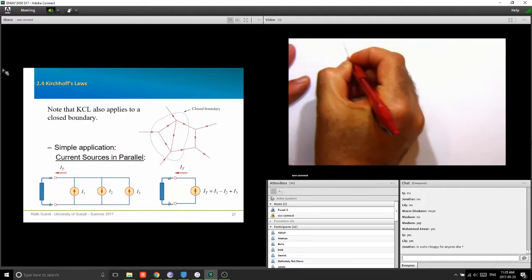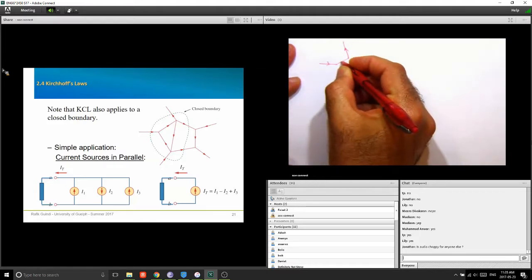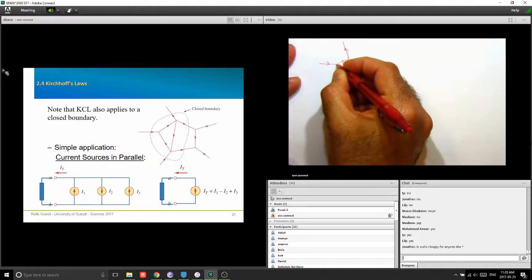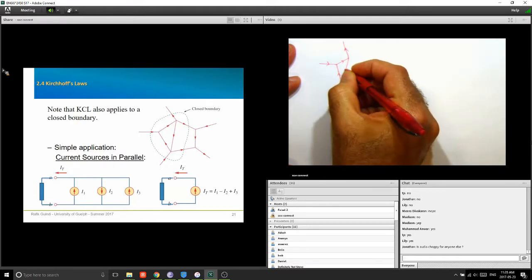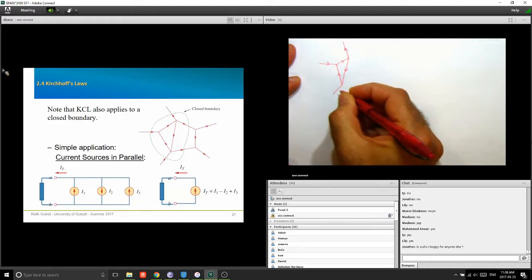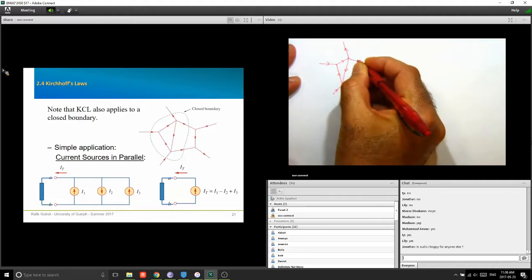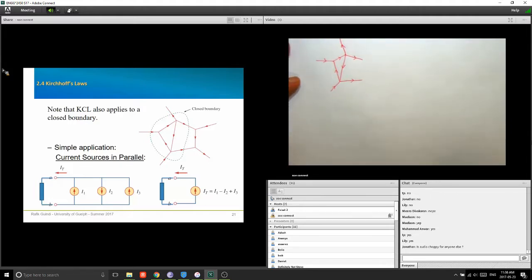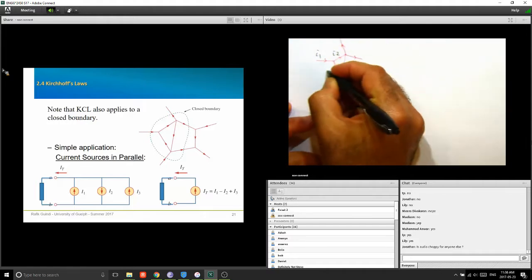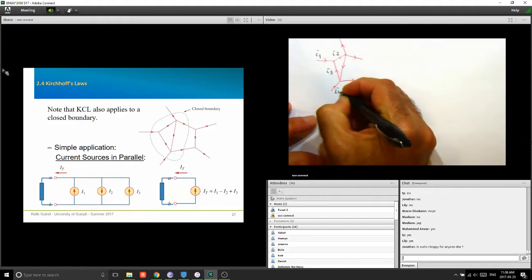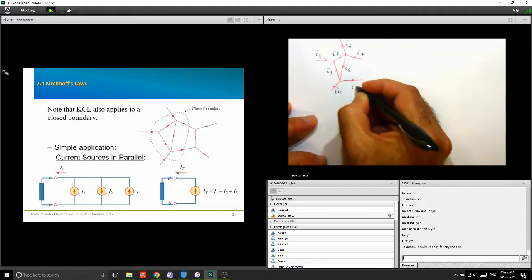If you have currents like that, I'm going to give them some names. Call this I1, I2, I3, I4, I5, I6, I7, and I8.